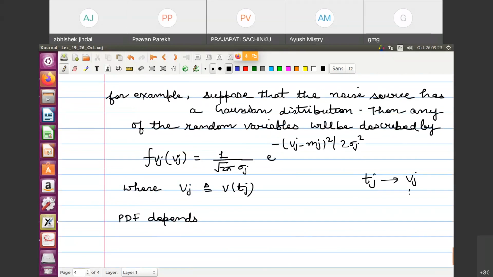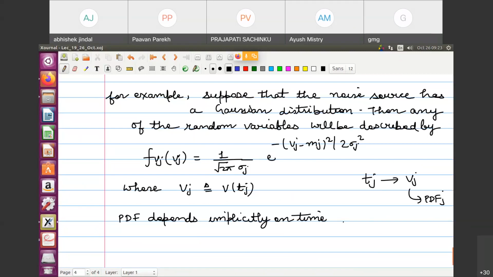So if I say that this has a PDF which is PDF j, it means that for a random process at each time tj I can get a different PDF. So PDF is a function of time now. Okay. So PDF depends implicitly on time.